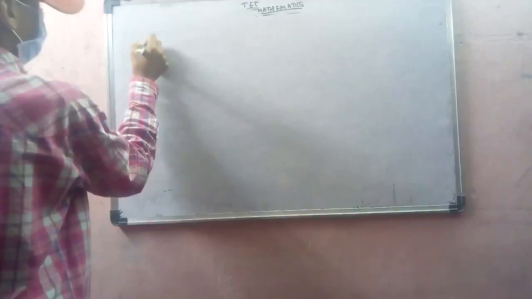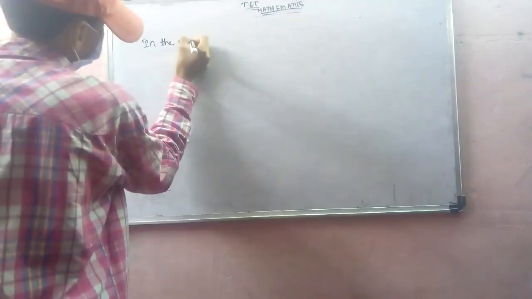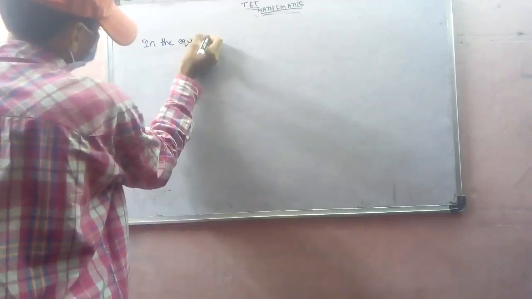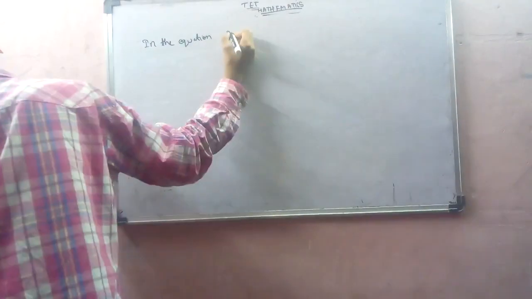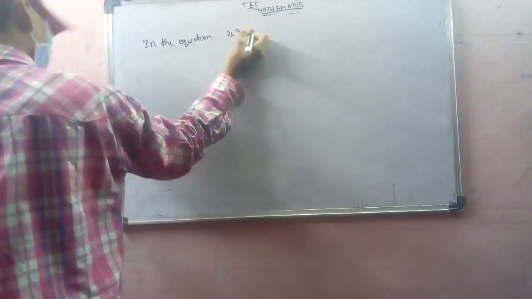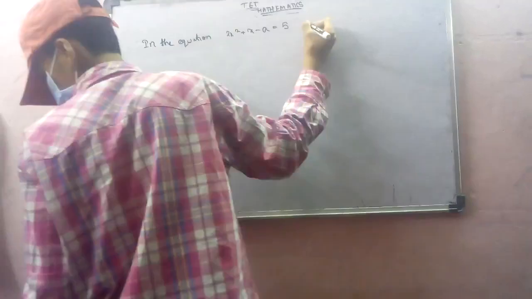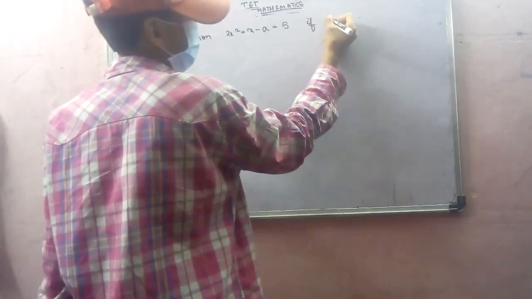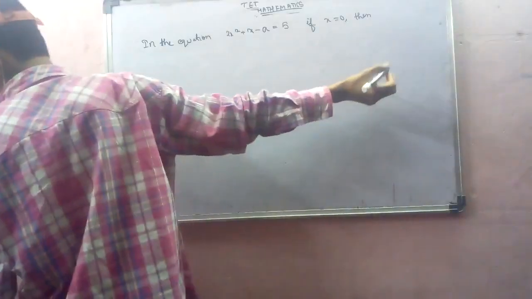Next question is, in the equation 2x square plus x minus a equal to 5. If x equal to 0, then value of a.